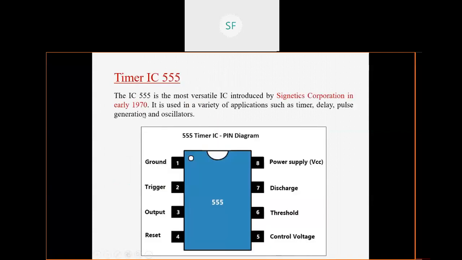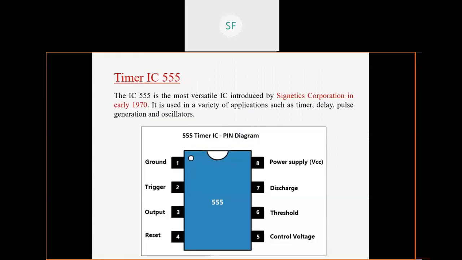So this is a little bit about timer IC. The IC 555 is the most versatile IC, introduced by Signetics Corporation in the early 1970s. Okay, so the first use of this IC was in the 1970s. It is very versatile, and in many projects, or your final year projects, most of the students will use this particular IC 555.